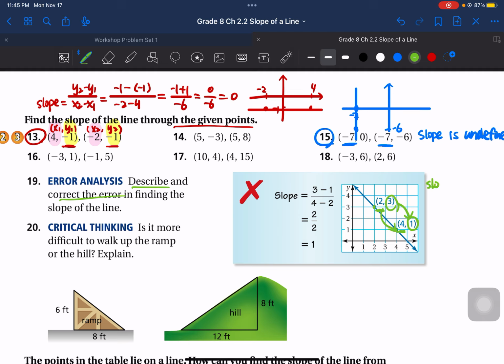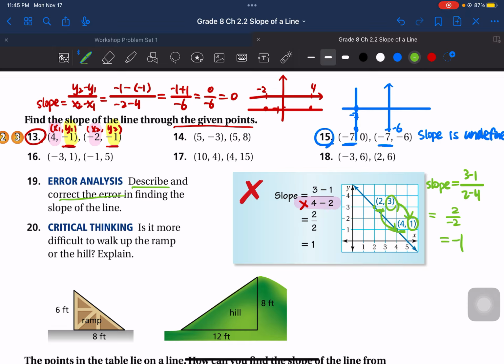So your slope should be (3 minus 1) over (2 minus 4) instead of 4 over 2, okay? So it should be 2 over negative 2, which is negative 1.